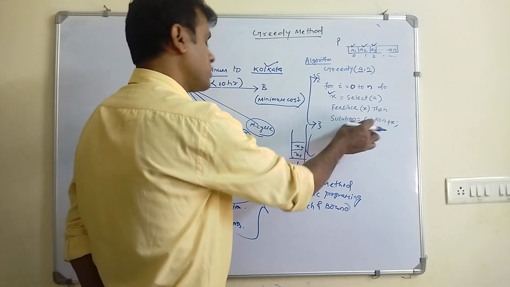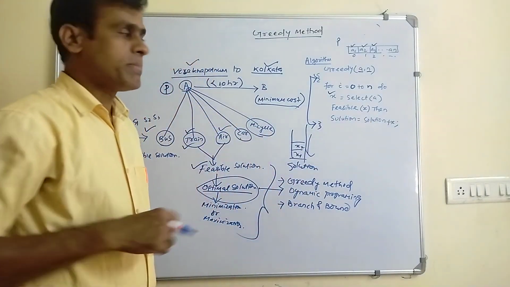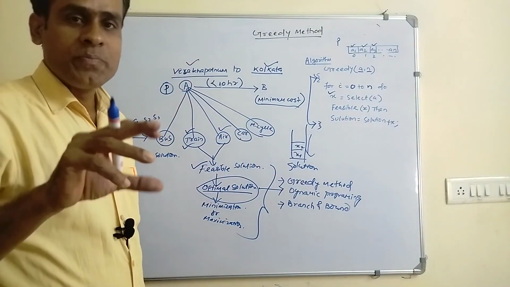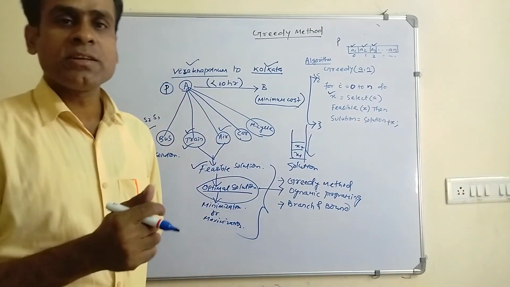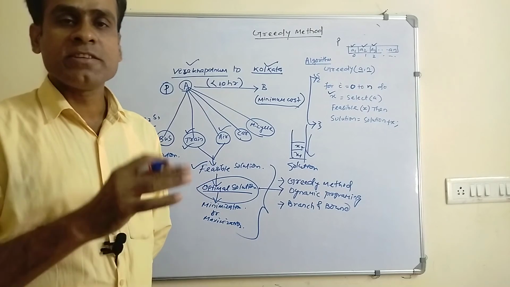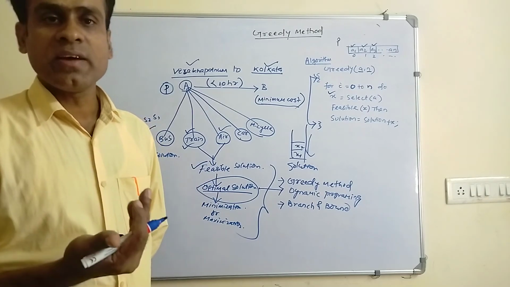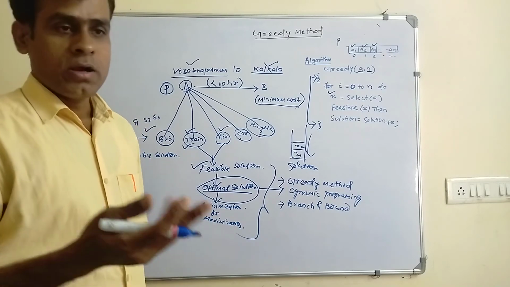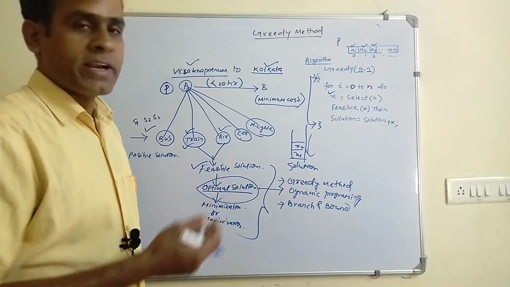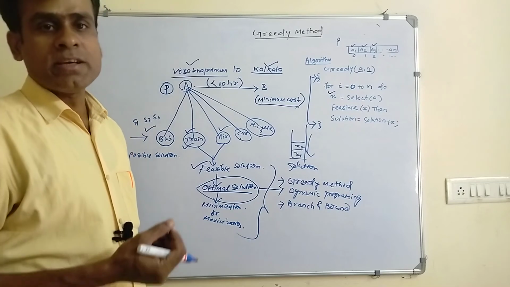Out of these solutions, you have to find one optimized solution. How will you find it? If it is a minimization problem, you have to sort the array. If it is a maximization problem, you sort the array accordingly. Otherwise you can use a binary heap, or the min heap property if it is a minimization problem.